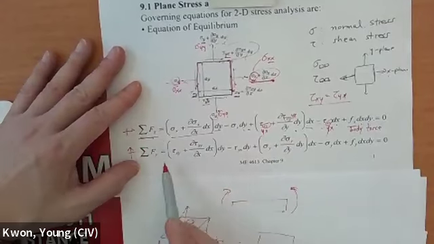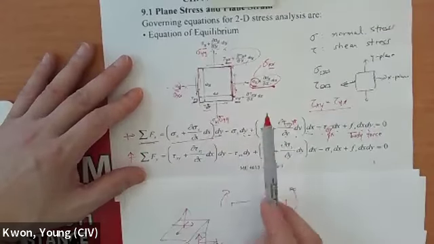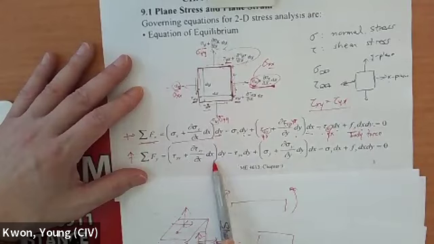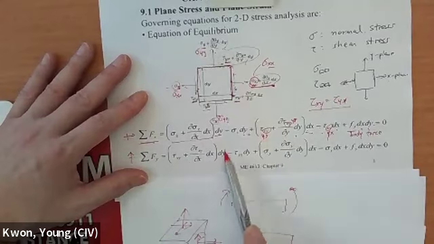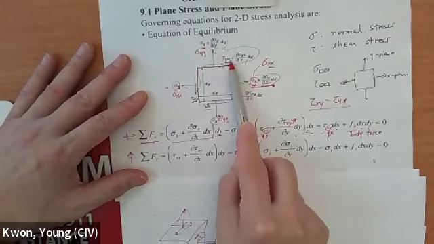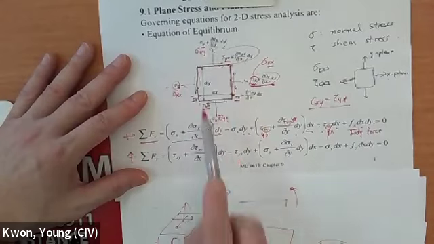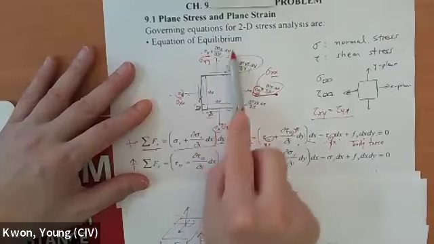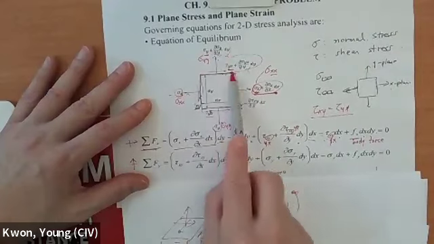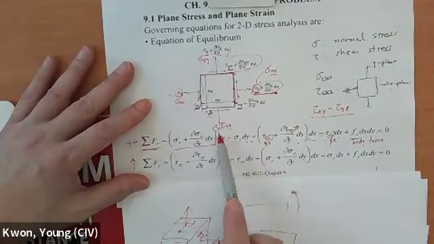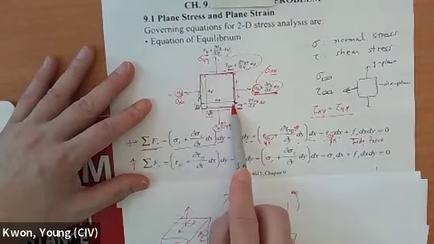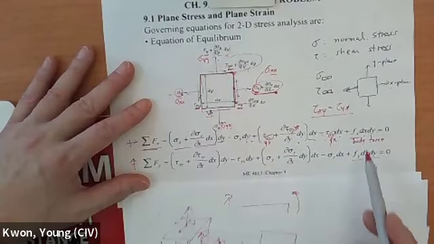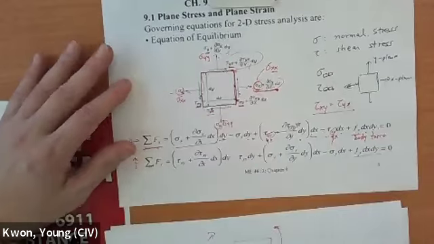What about the y direction? Likewise in here, this component is this one, and multiplied by area, which is going to be dy, and which is going to be the positive y direction force, and this one, with area dy, negative y direction, so minus, and also this one times area dx, positive direction, and this multiplied by area dx, negative direction, and also if you have a body force in the y direction, then you include that, otherwise fx or fy is going to be 0.